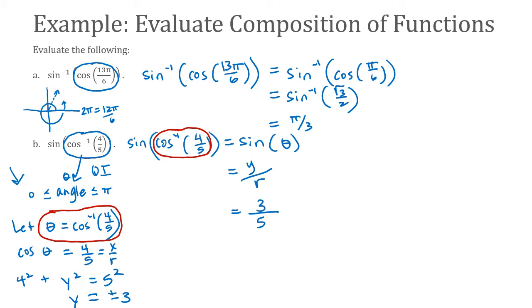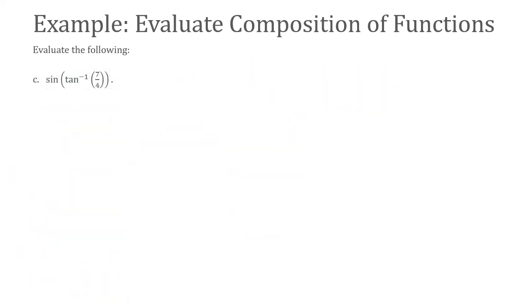So this final answer is that the sine of cosine inverse of 4/5 is equal to 3/5. And we'll do another one of those here in just a second, because that feels maybe a little confusing, but I think if you go back and look at how we define things, it'll make more sense.